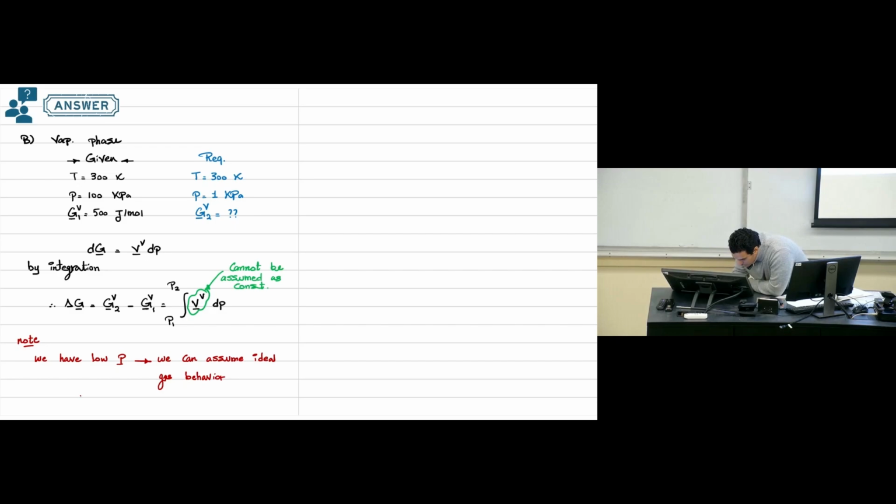Then we can use the ideal gas equation of state, PV equals RT, or if we rearrange, the molar volume is RT over P. Then put this in the equation: delta G, the molar Gibbs free energy of vapor case 2 minus case 1, equals the integration from initial pressure to final pressure of RT over P dP.